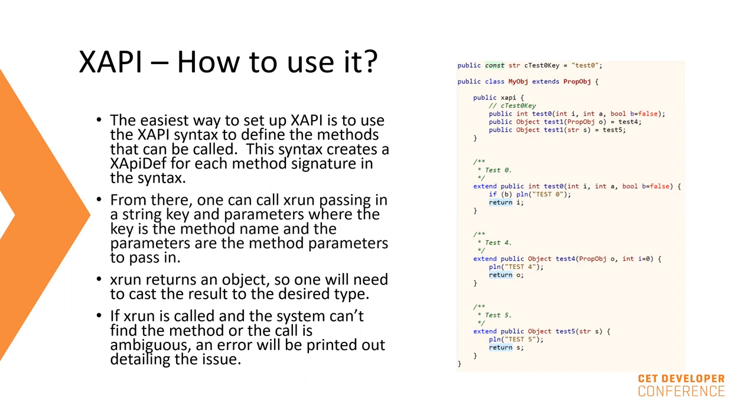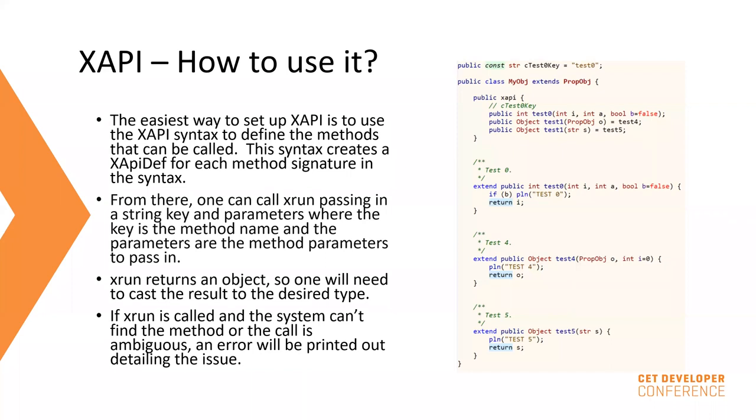A couple of things to note with the syntax. You can see that I have two of these that are called test1 that take in different objects. So test1 in this case would be the key for the XAPI def. But you can see to the right there, each of them says equal. One of them says test4, the other one says test5.